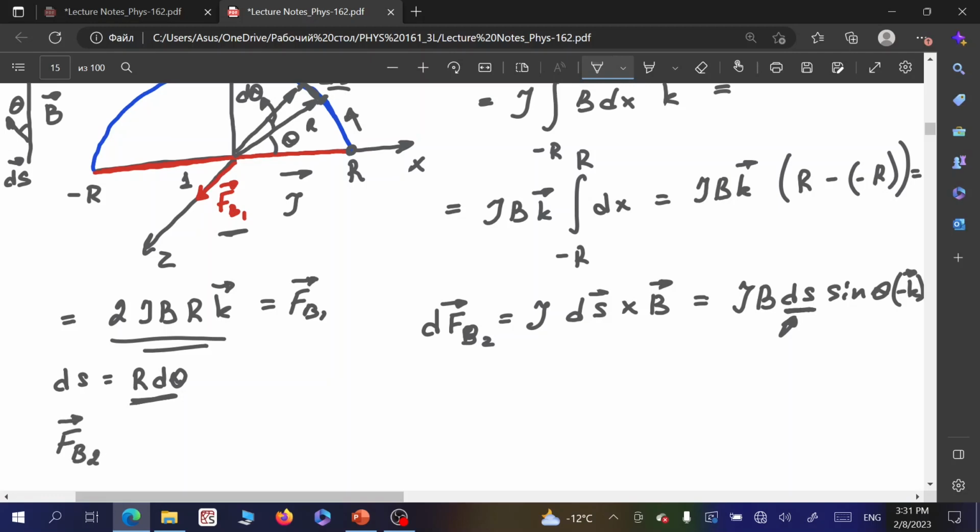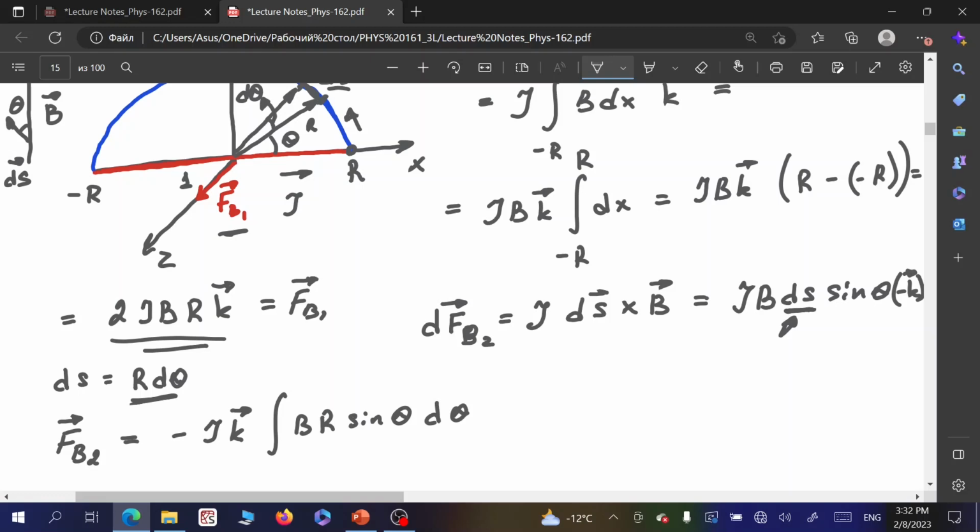FB2 vector is equal to minus I times k unit vector integral, here will be B times r times sine theta d theta, so IBr sine theta d theta.